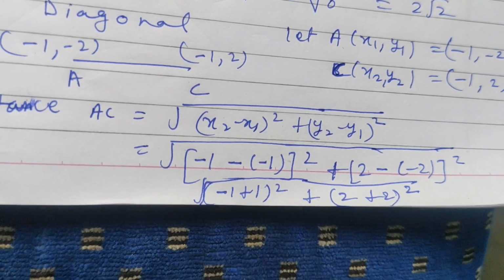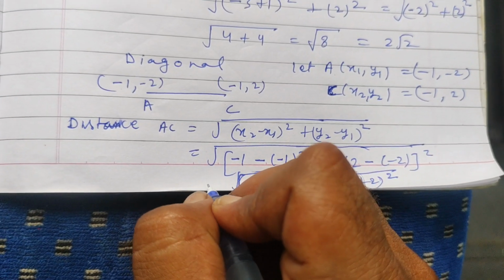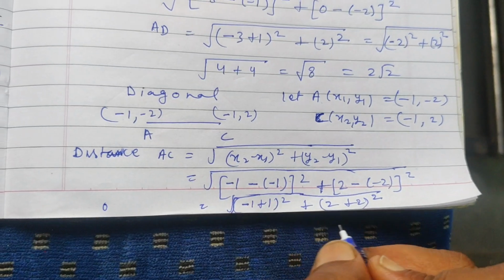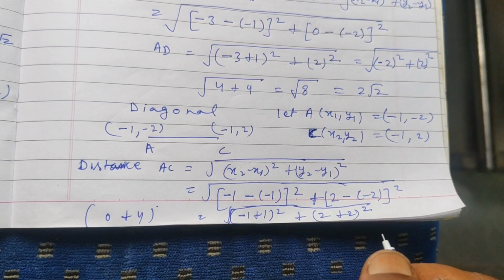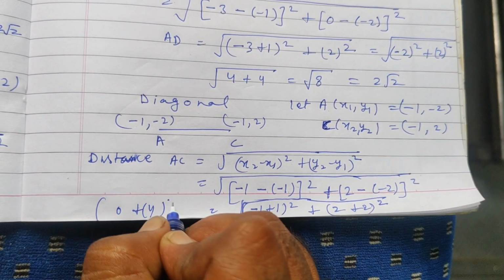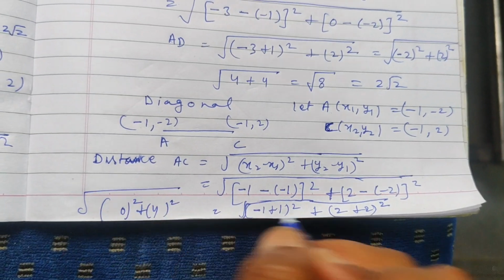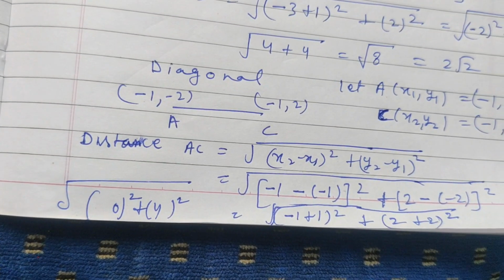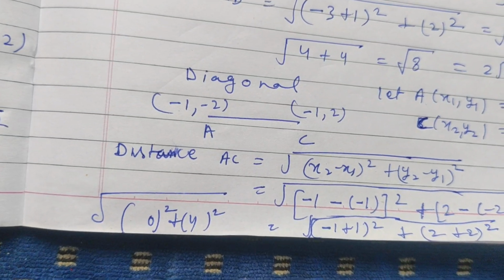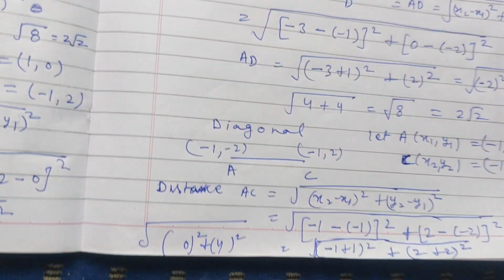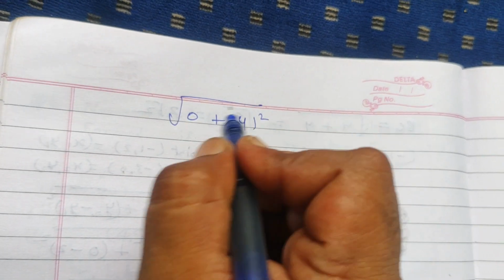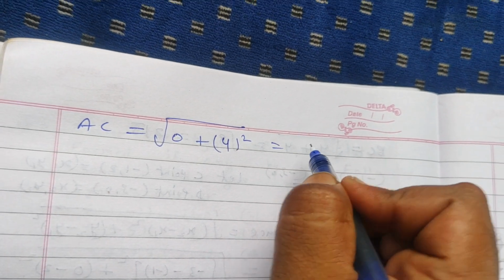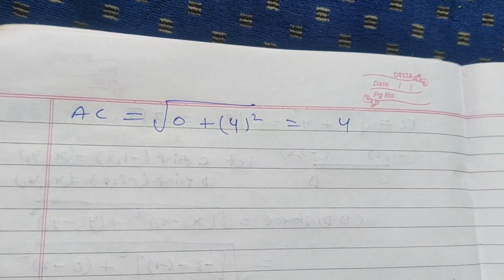So we get -1 plus 1, which is 0, and 2 plus 2, which is 4. So AC is the square root of 0 plus 16, which is 4.